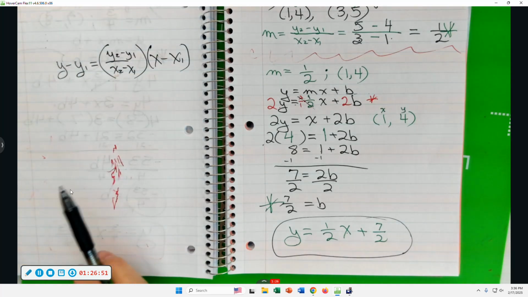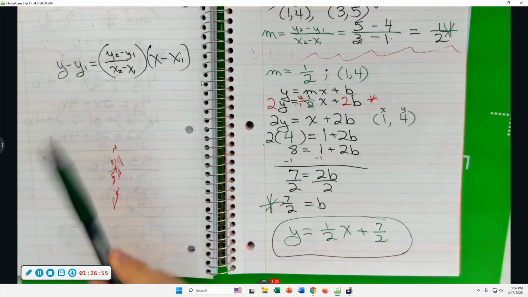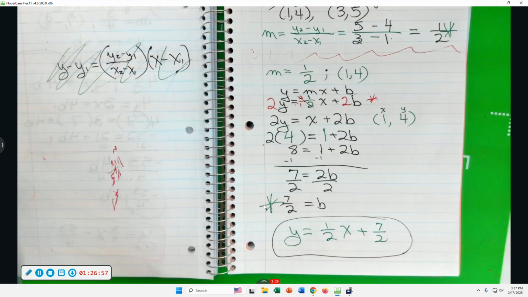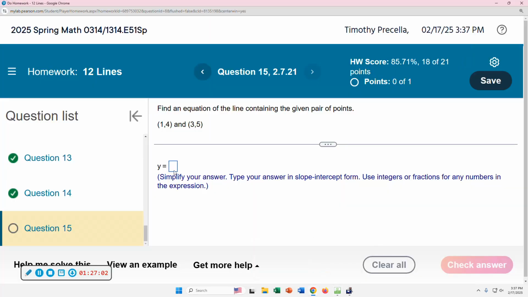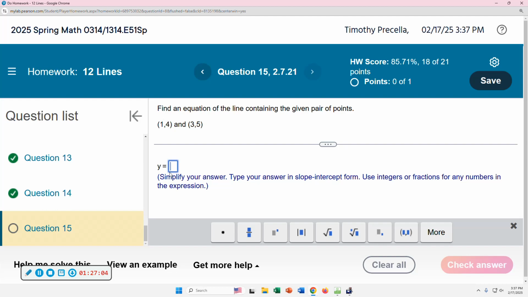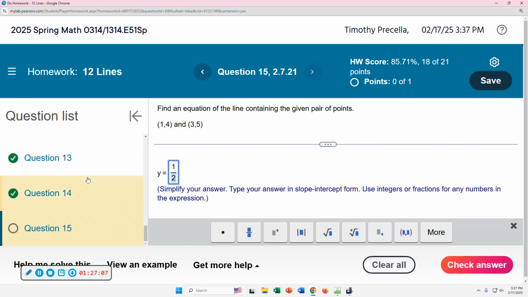You don't need that. It's a hoax. I cannot imagine why that was ever created. Same thing's true with the point-slope form of a line. Just use slope-intercept form. y equals 1/2 x plus 7 over 2.